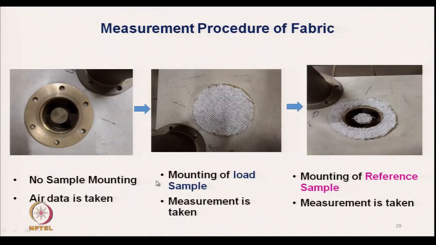Then the load sample was mounted and measurement was taken, and third, the reference sample was mounted on the instrument. The annular ring was placed, and at the center the small circular sample was placed and measurement was taken. So, 3 readings were taken.